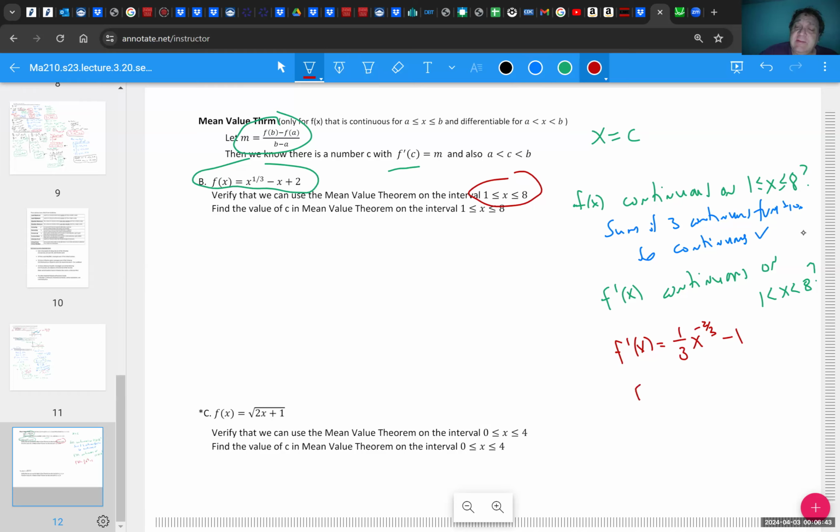I can write this in fraction form, 1/3 times 1 over x to the 2/3, minus 1. Its only point of discontinuity is at 0. So the only point where it's not continuous, again, I'm doing sideways writing today, is x equaling 0.